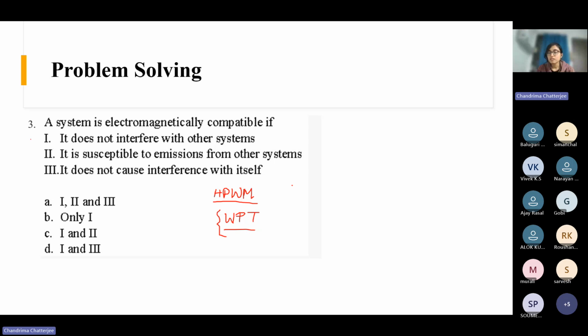If you talk about capacitive wireless power transfer, CWPT, in those cases we use GaN devices, gallium nitride devices, and they are usually operated at frequencies between 6 to 7 megahertz. The switches turn on and off at this frequency.